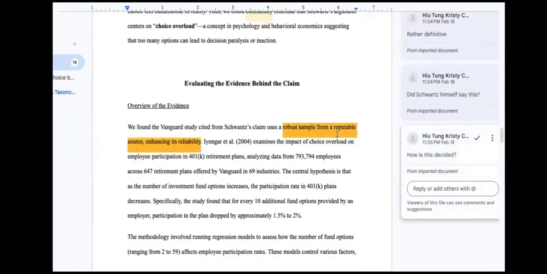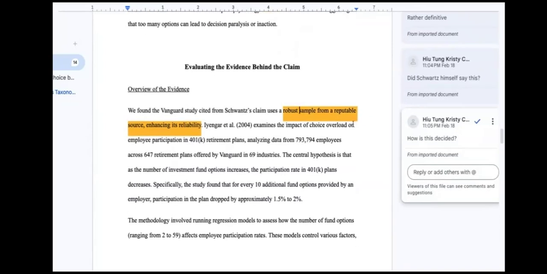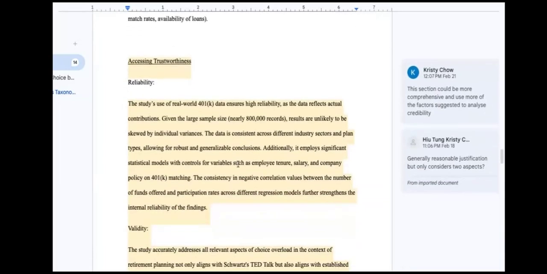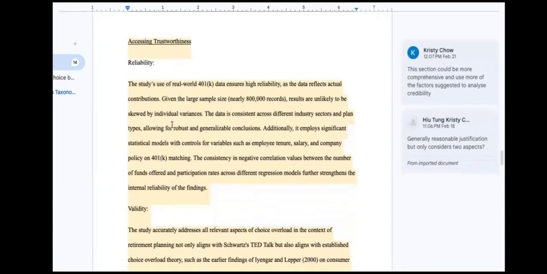For example, they include some critique of the sample that this study used, but then there's not a lot of detail. They say that it's from a reputable source, but we don't necessarily know how that's decided. And when they talk about assessing trustworthiness, it's really not as comprehensive as we saw the other team did.